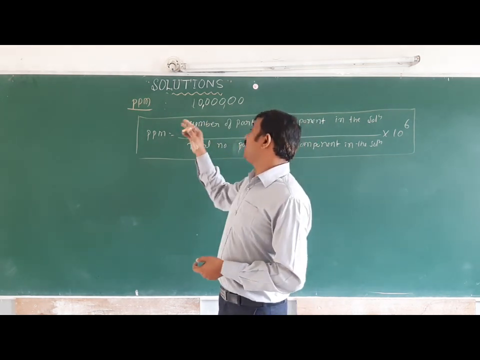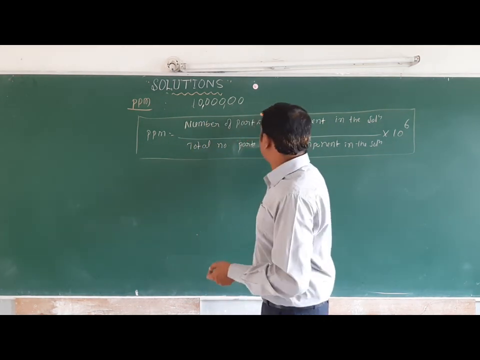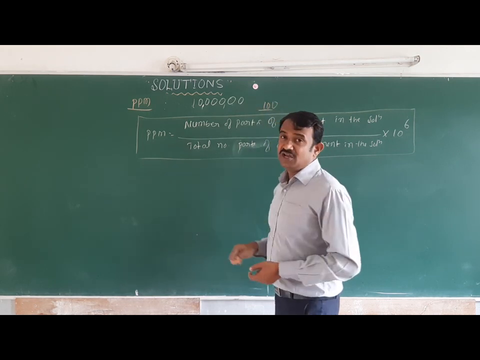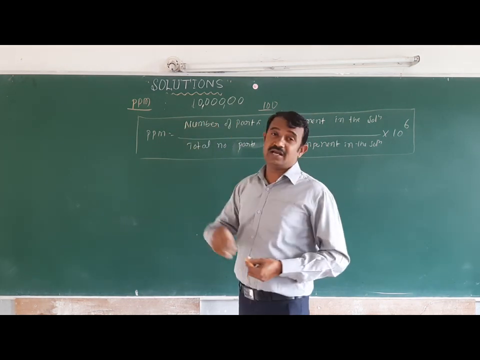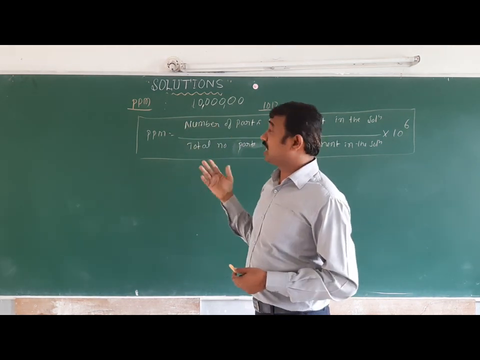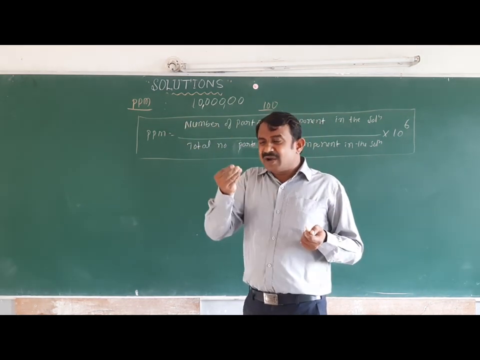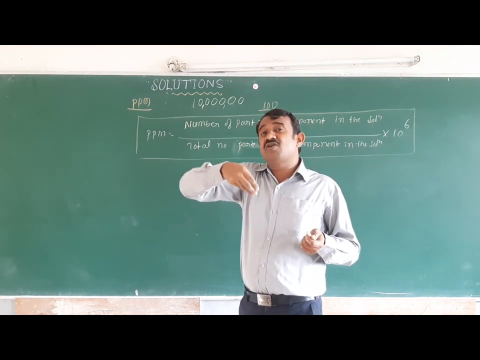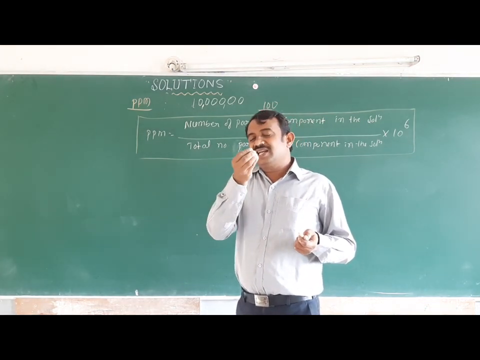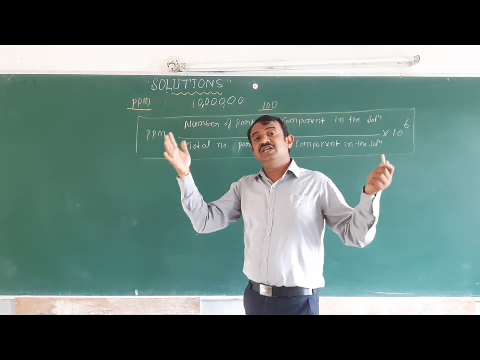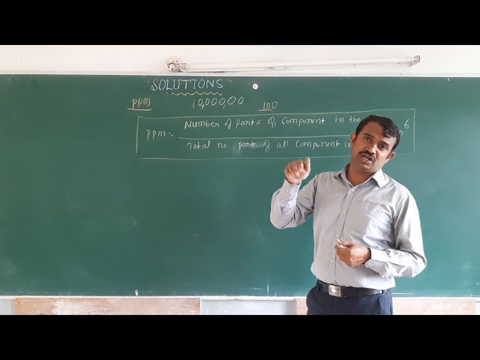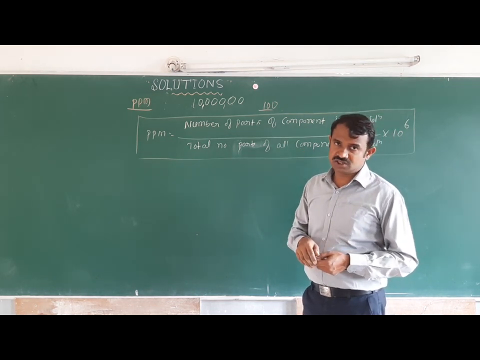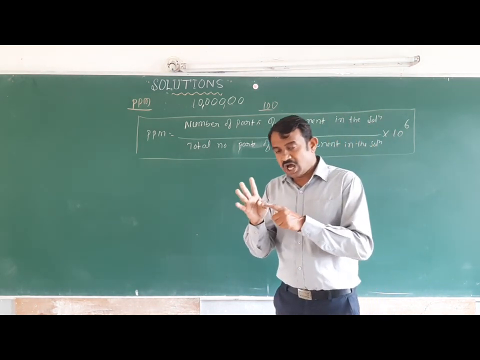If the water is below 100 ppm, we can easily calculate the hardness of water. Traces of solute present in the water, dissolved in solvent, is called parts per million. That is the concentration.